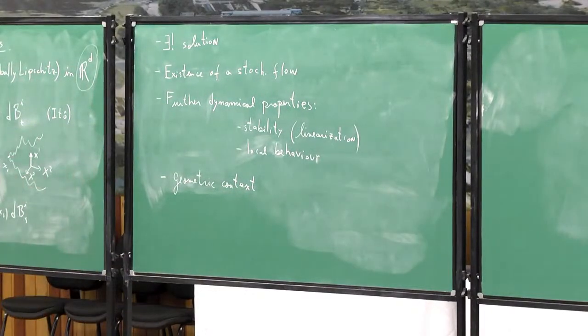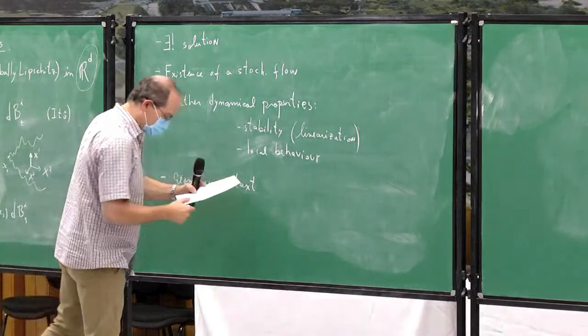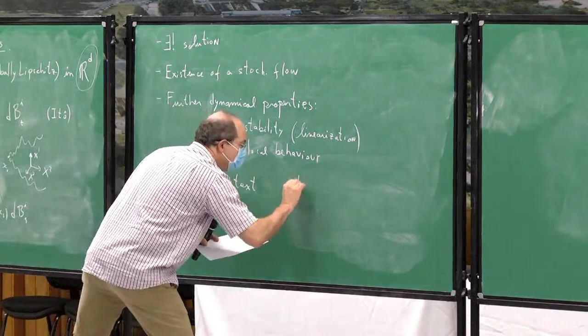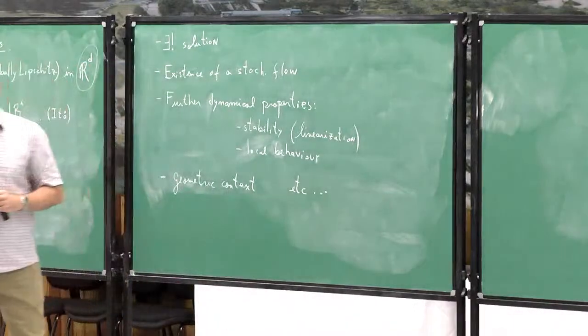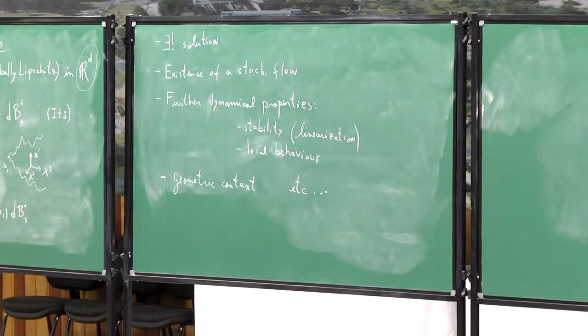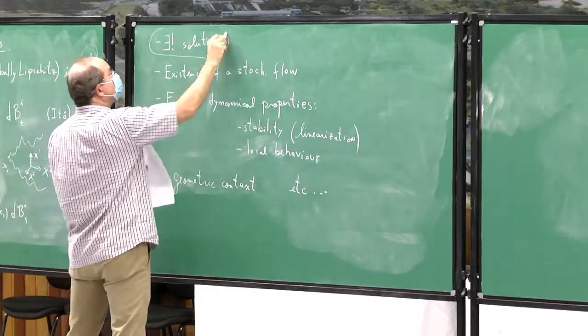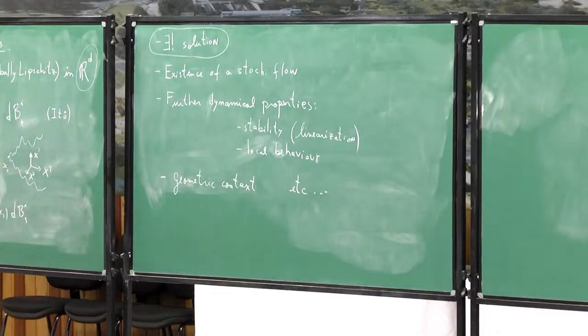Literally, I have tens of things: rotation, invariant sets, ergodicity, asymptotic behavior, conjugacy, the possibility to include jumps. I'm not going to write it all, and I just leave it as etc. So essentially, we will start with this. What I'm going to talk about today, I'm going to give an idea of the existence and uniqueness.